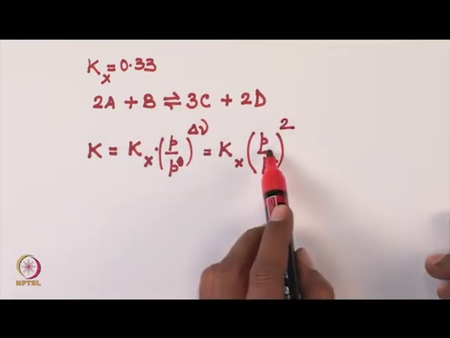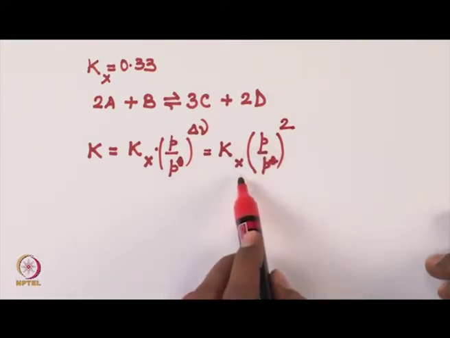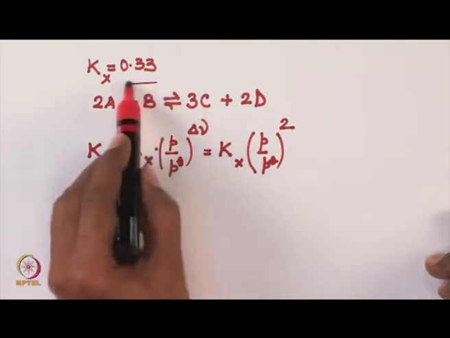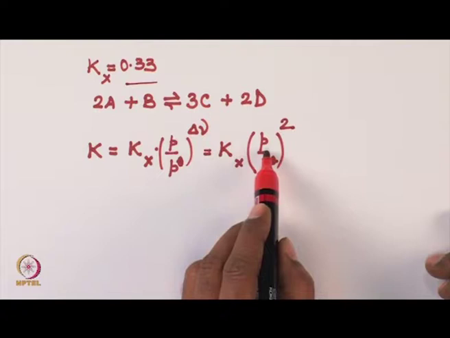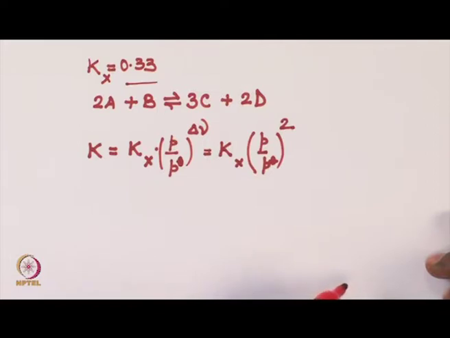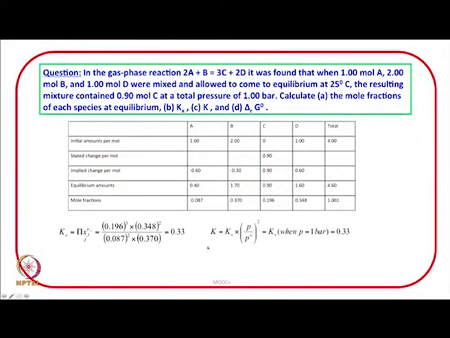Now if I know the total pressure at equilibrium and the value of Kx, I can get the value of K. Kx is known, and if P is 1 bar, then K is equal to Kx. And this is the condition which is given to us. Let's go back to the slide. We derived this in the previous lecture and we just discussed that when total pressure P is 1 bar, P naught is anyway 1 bar, so K will be equal to Kx. Therefore, the value of K comes out to be 0.33.